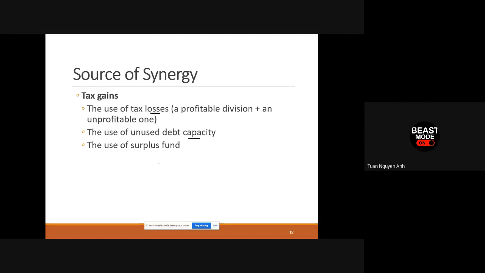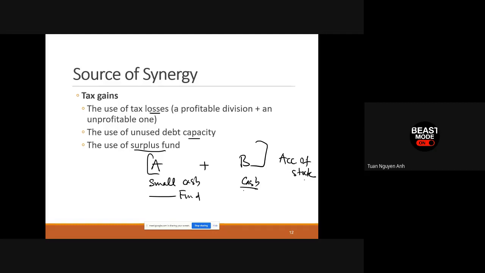The other one maybe has a small cash or small fund, but the shareholders of B are very rich and have much cash you can use. So you can use the surplus fund of B by acquiring. This situation may exist when you use the acquisition of stock. You just merge the two companies and merge the stock, merge all of the fund. Okay.